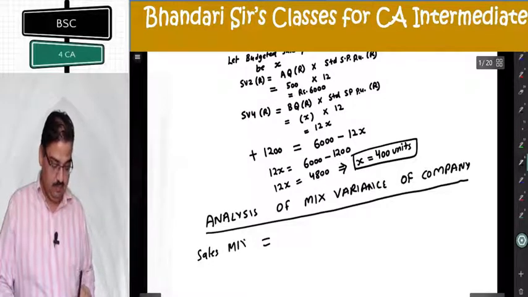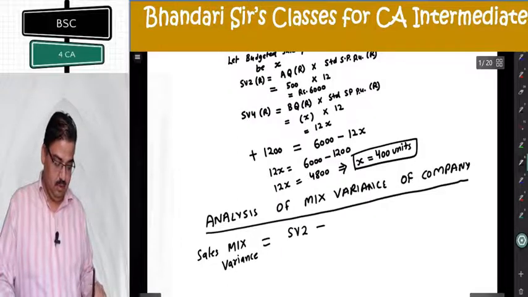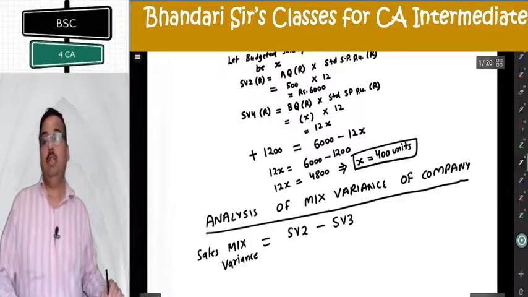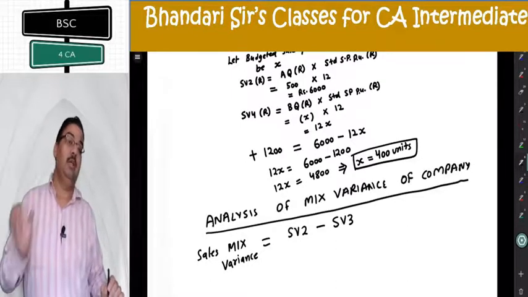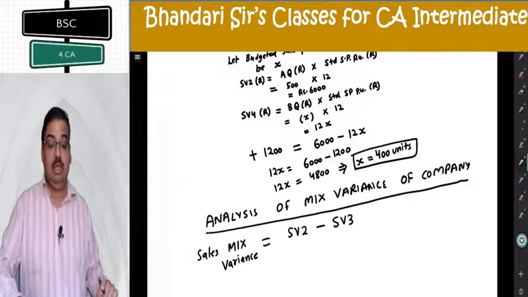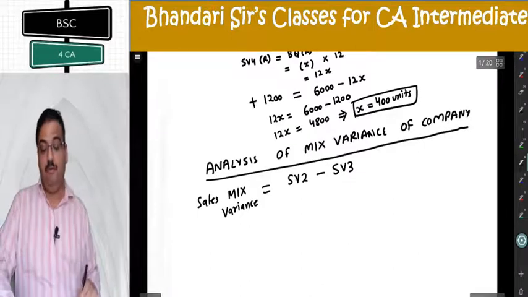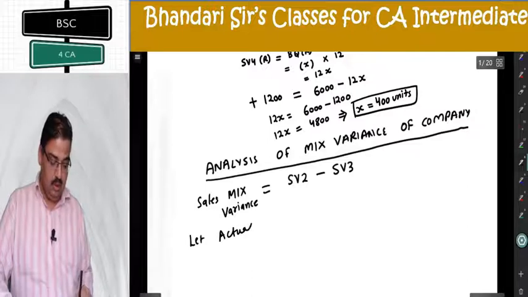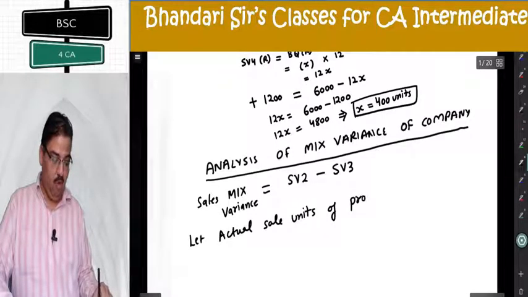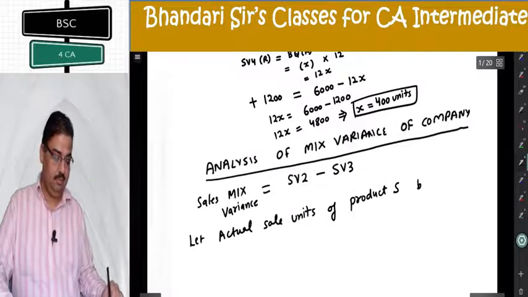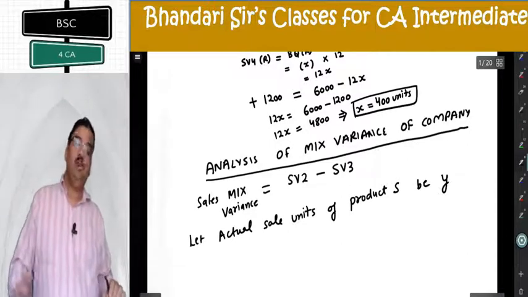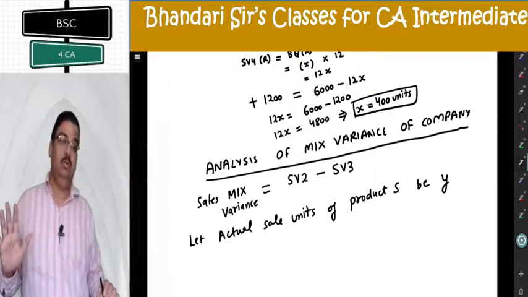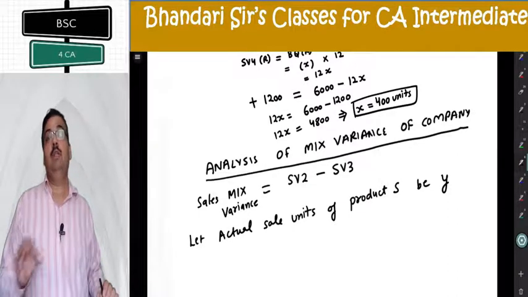Sales mix variance is SV2 minus SV3. SV2 not same as earlier because it is for the company as a whole. What is missing here? Here is missing quantity of S, actual quantity of S. Let actual sale units of product S be Y. I assume a different variable because X is already used. For product S, actual units, I am assuming it to be Y.